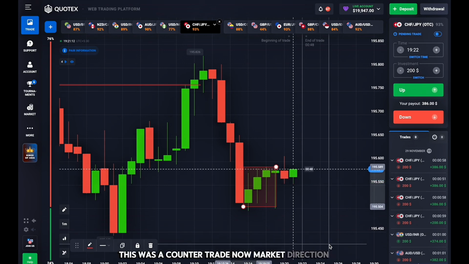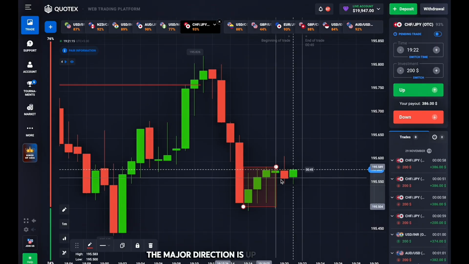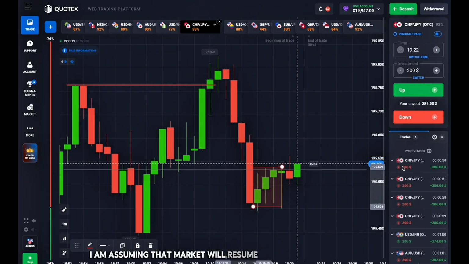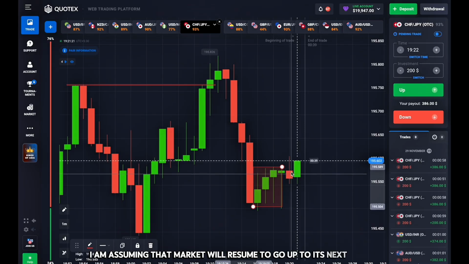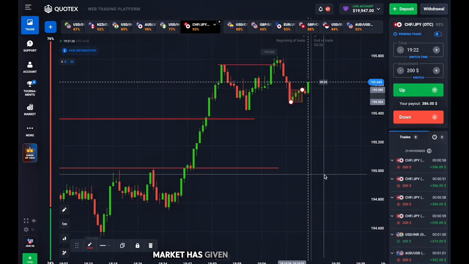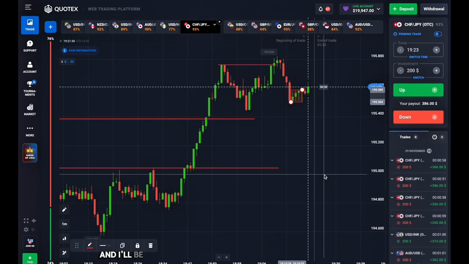Now the market direction is up, the major direction is up, and I am assuming that the market will resume to go up to its next target because there is no sweep going on. The market has given us a proper breakout, so I'll be taking one more confirmation and I'll be taking my call entry trade after this green candle.